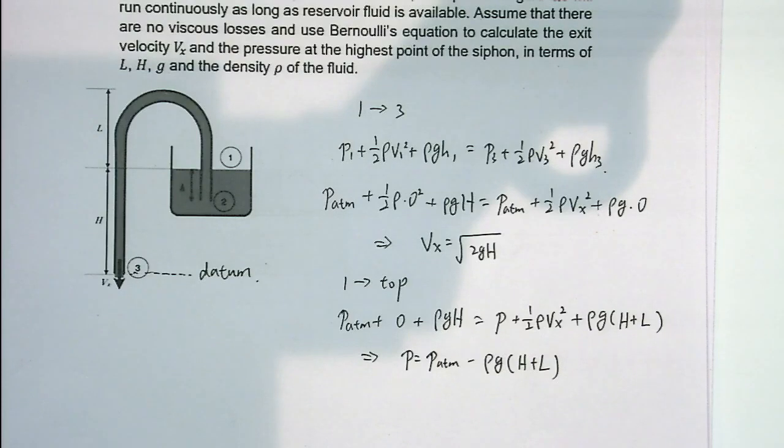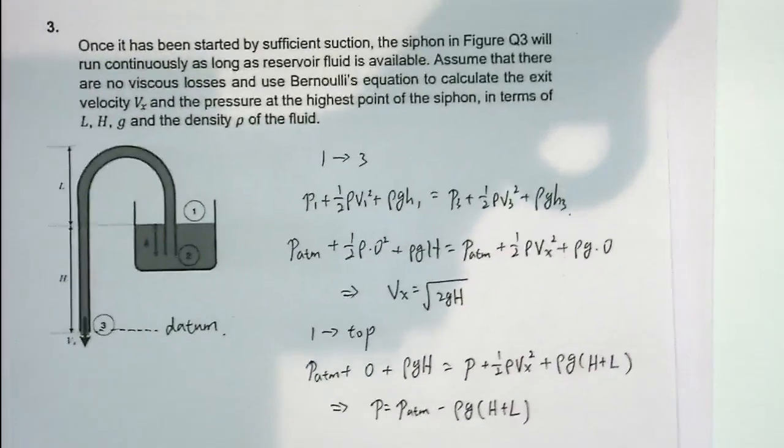So we need to choose which is the beginning point and which is the final point. We need to choose 2 points to apply the Bernoulli equation. Okay, so move to the next one.